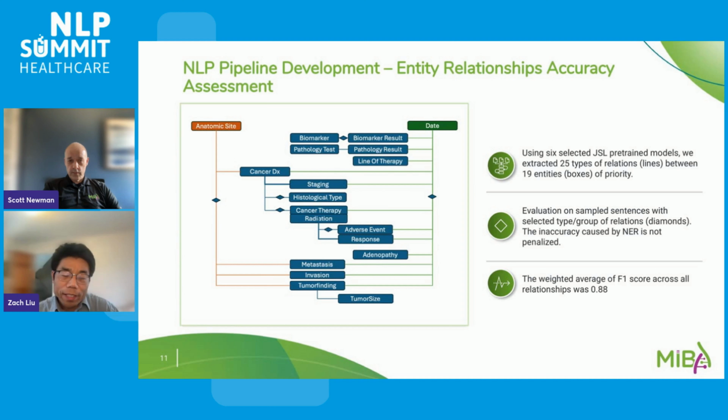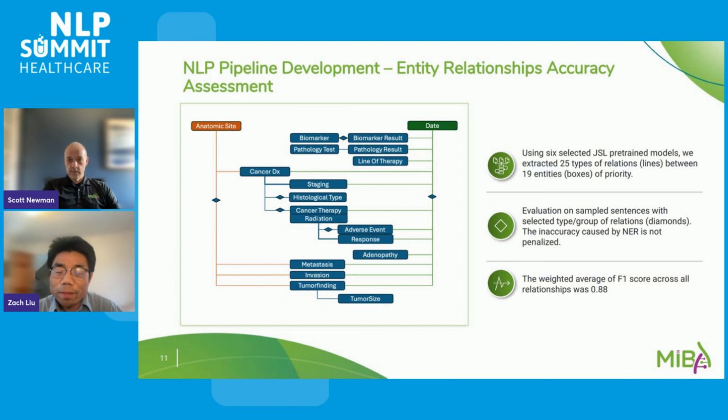And to evaluate the performance of the relation extraction, we use a different way. We decided to not penalize the relation for a mistake because of the NER, because NER has a separate assessment.